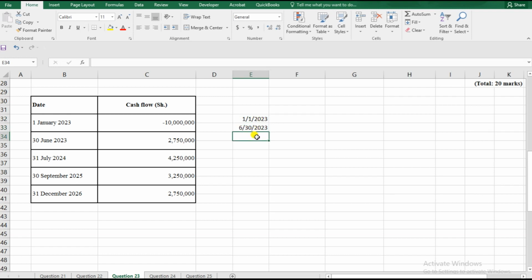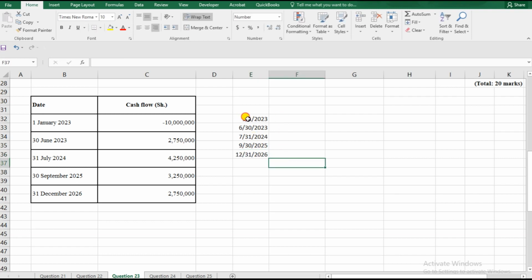I'm going to have July, that is 07, 31st, 2024. I'm having 30th September, so 09, 30th, 2025. Then I'm having December 31st, 2026. So this is the data that we are having given our period.